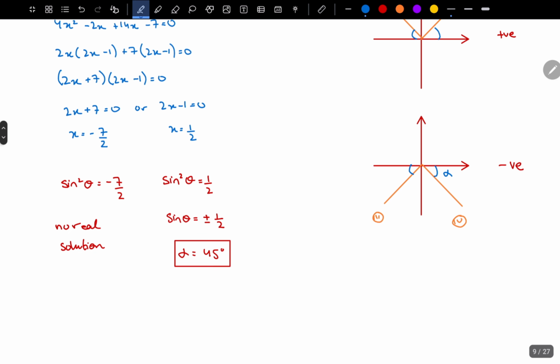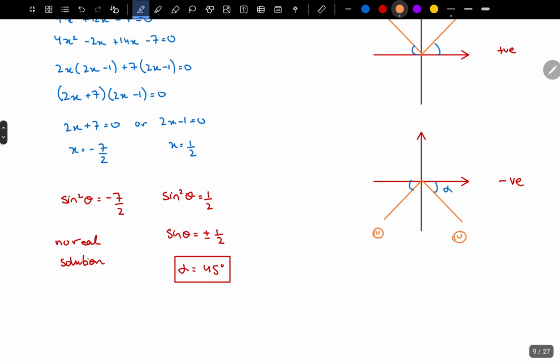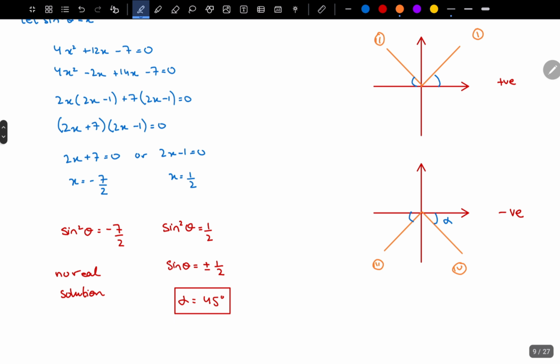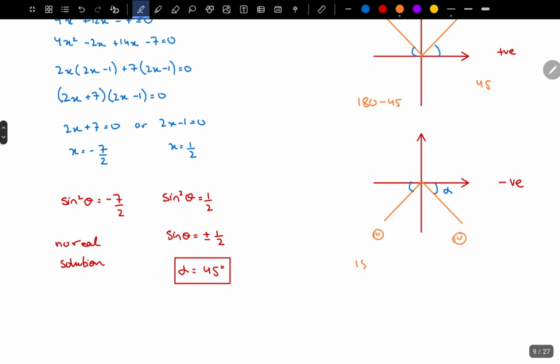Which we just found is 45. So our final answer will be, the first will be 45, which is the same as the alpha value. For the second one, we'll have to subtract it from 180. For the third one, we'll have to add the alpha value to 180. And for the fourth one, we'll have to subtract it from 360.